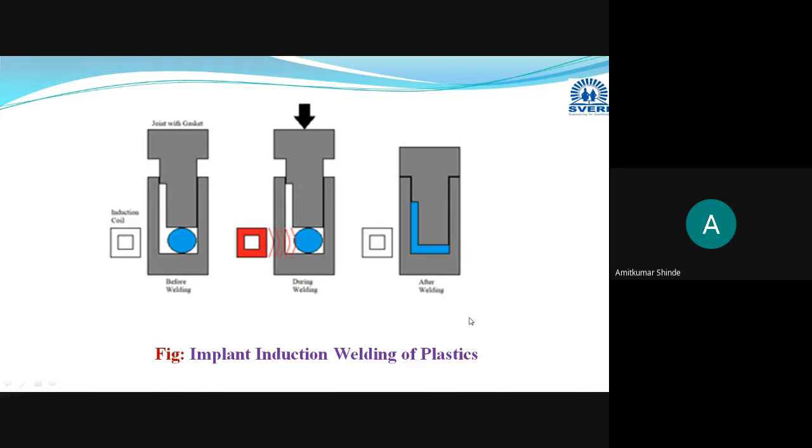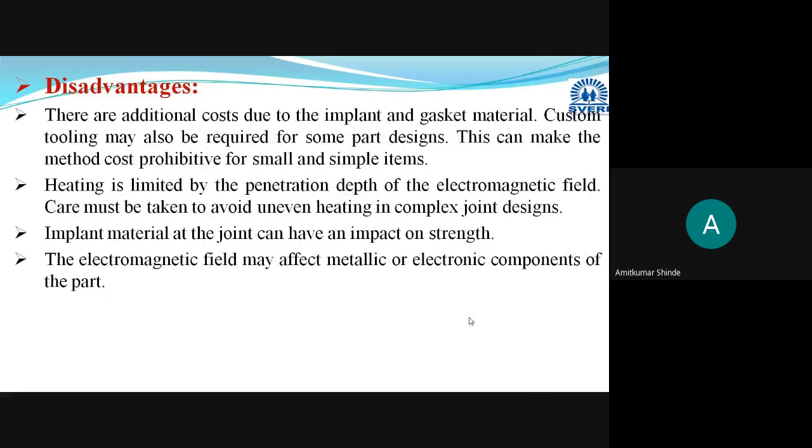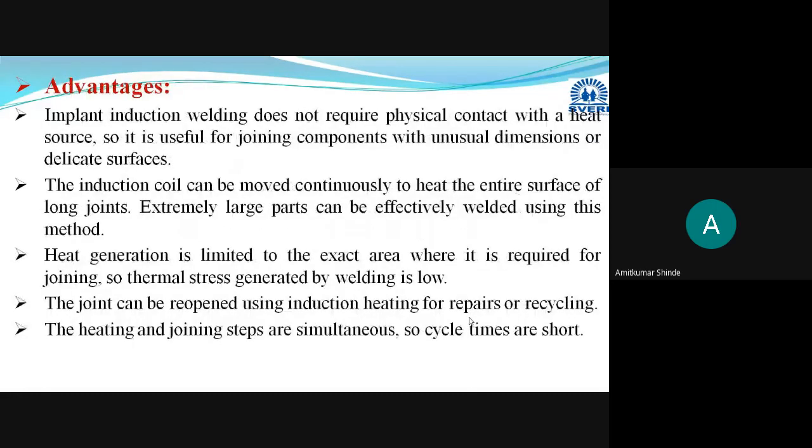It has some advantages and disadvantages. Advantages: there is no direct contact, large size or longer components can be heated, spot heating can be done, cycle time is very less, thermal stresses are very less, and you can do automation also.